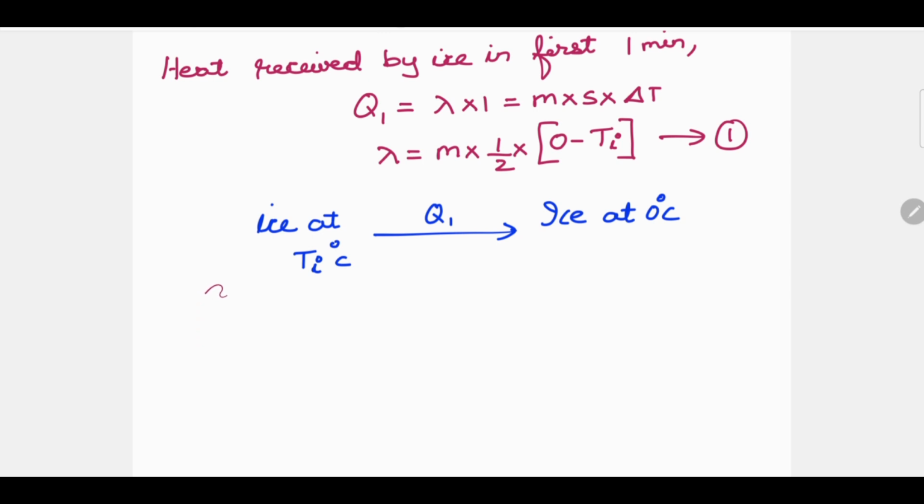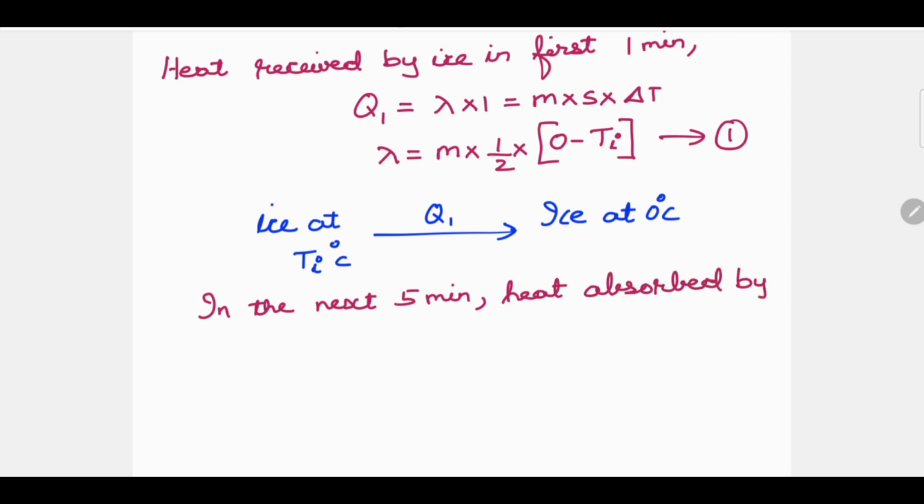So in the next 5 minutes, heat absorbed by ice, we can name it as Q2. So Q2 is equal to lambda into 5, because in 1 minute lambda calorie of heat is absorbed.